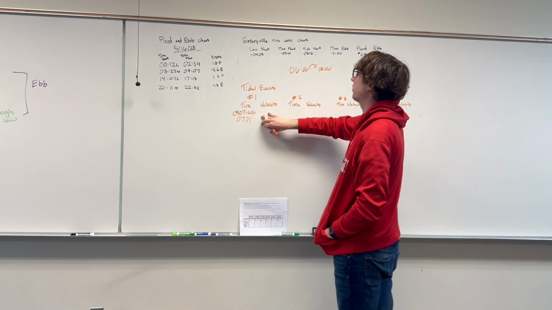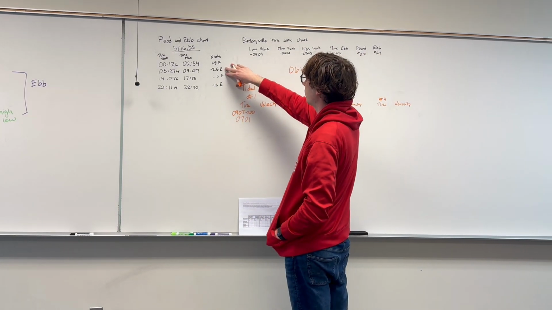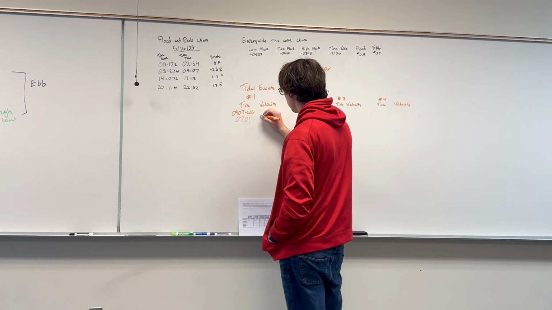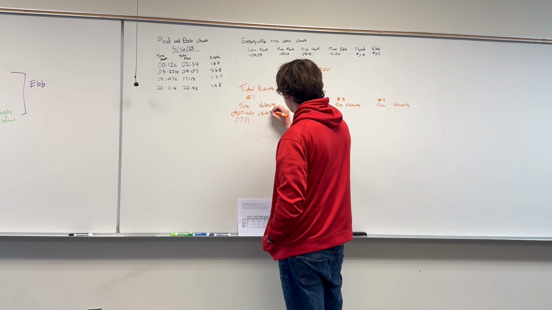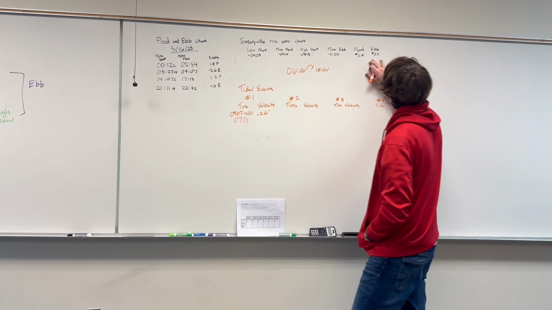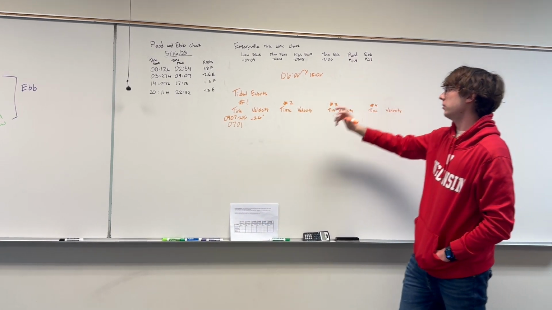And then to calculate the velocity of the ebb, we're going to take the flood, which is negative 2.6. And then we're just going to multiply it by the ebb factor, which is 0.7.